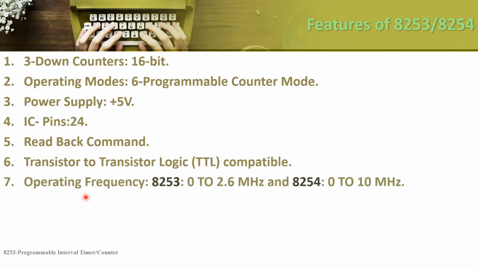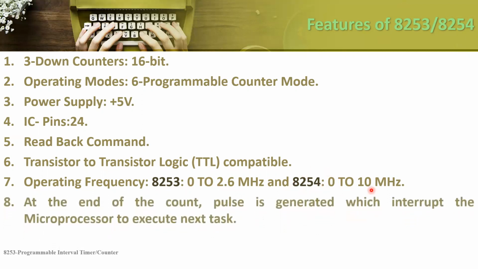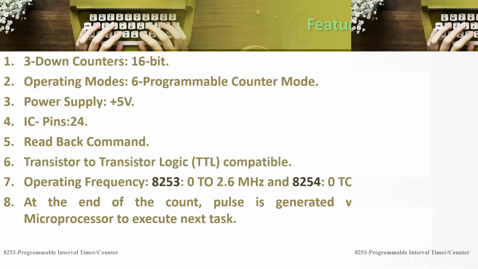We have just discussed that 8253 has an operating frequency of 0 to 2.6 megahertz, whereas in the case of 8254 it is 0 to 10 megahertz. At the end, when the count value equals 0, one pulse will be generated, and that pulse will interrupt the microprocessor and inform it that it now has to execute the next task.